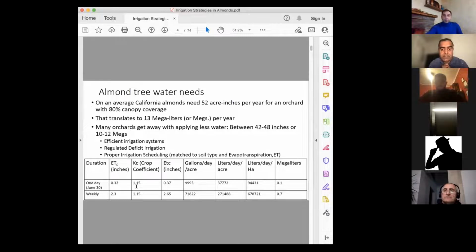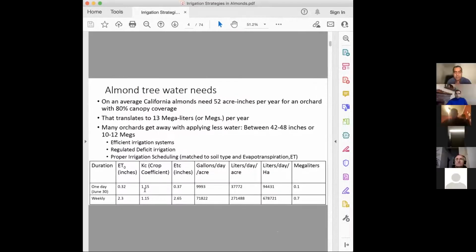However, the same production function study that I was reading from the University of California said that over the last several years, the yield for California almonds, for the same amount of water, has increased multiple times.